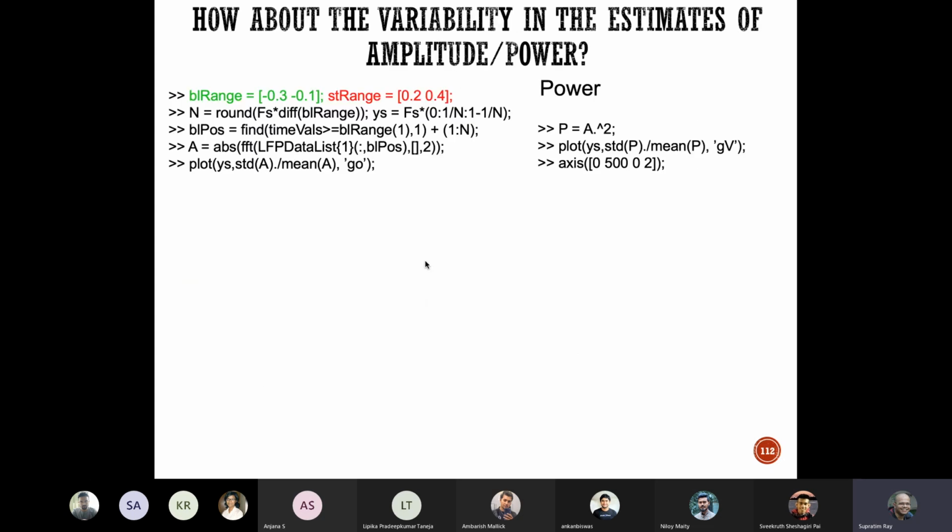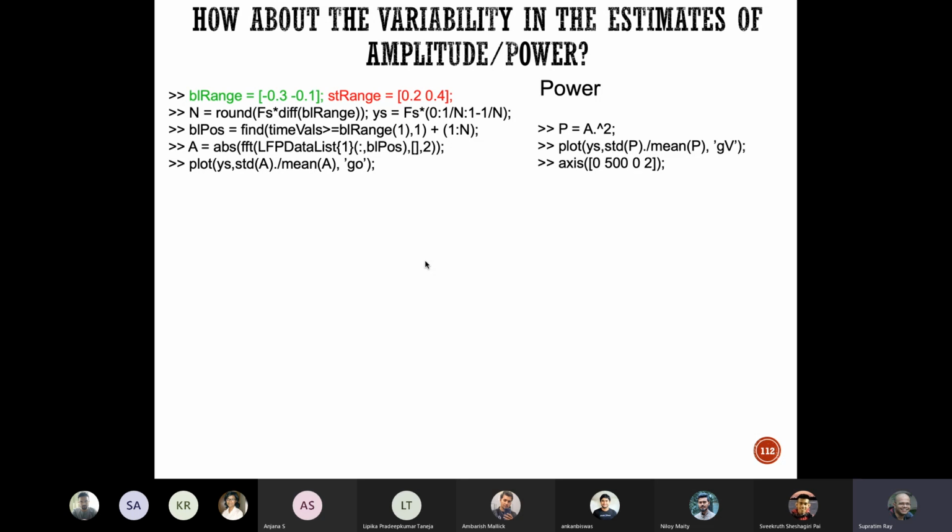Essentially, what we are trying to do is estimate a continuous function, which is the DTFT, using a finite number of points, which is the DFT. So it's actually an estimate of the true underlying spectrum.